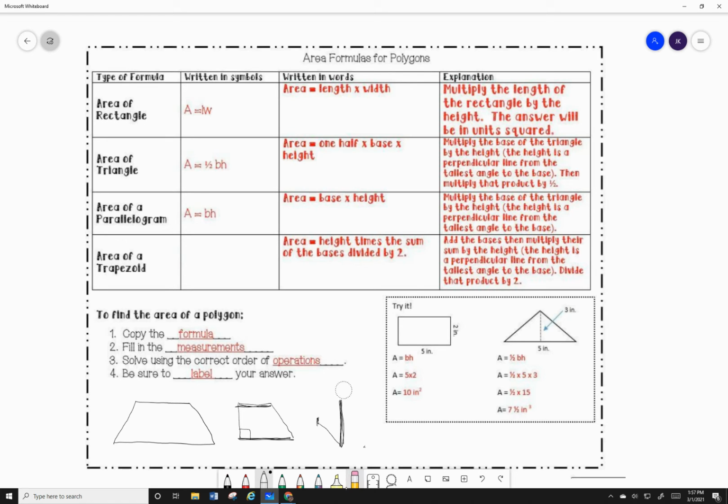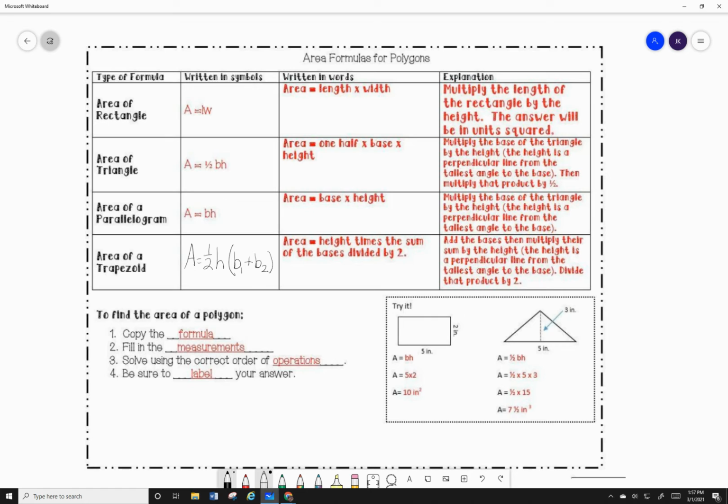So let's look at the formula for a trapezoid. And this is a little bit longer one, but we have area equals 1/2 height, and then in parentheses, base 1 plus base 2.